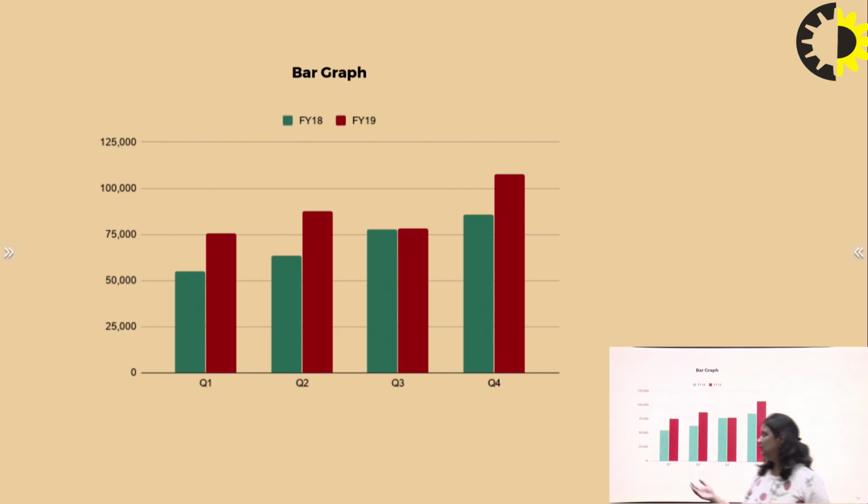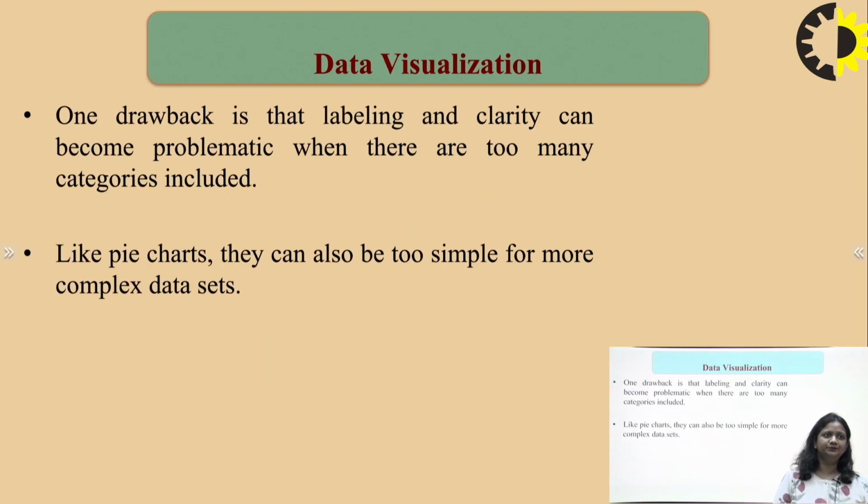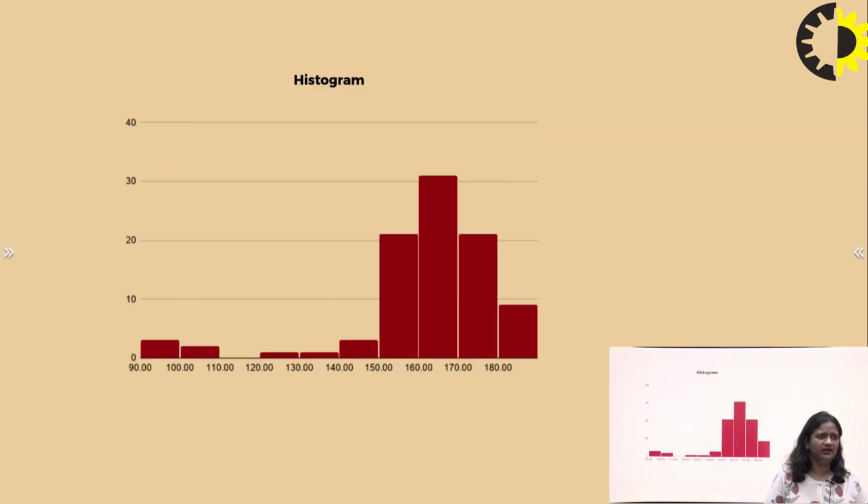If we have many categories, the bar graph may become complicated. When we have a small number of attributes to compare, the bar graph is best suited, but for larger numbers of categories, the bar chart is not suitable. Like pie charts, they can also be too simple for more complex data sets.